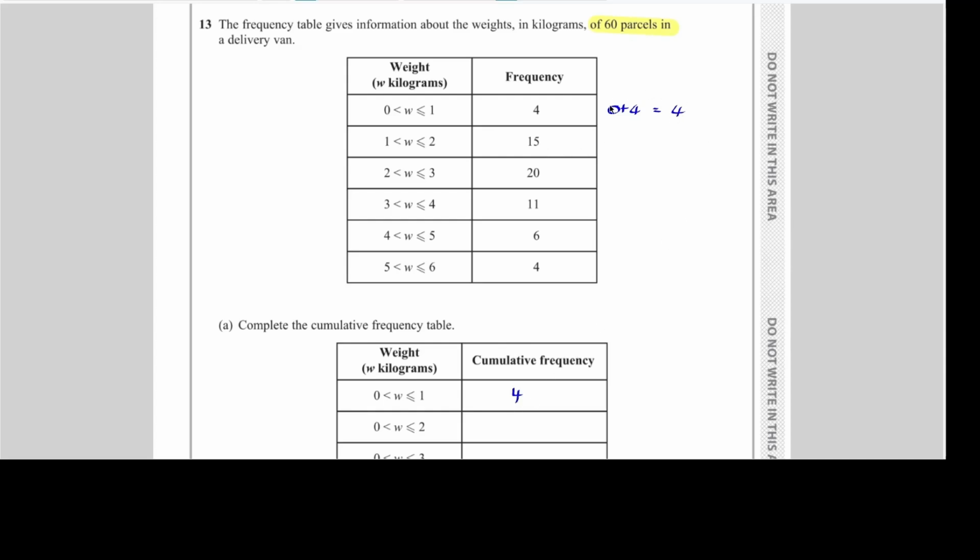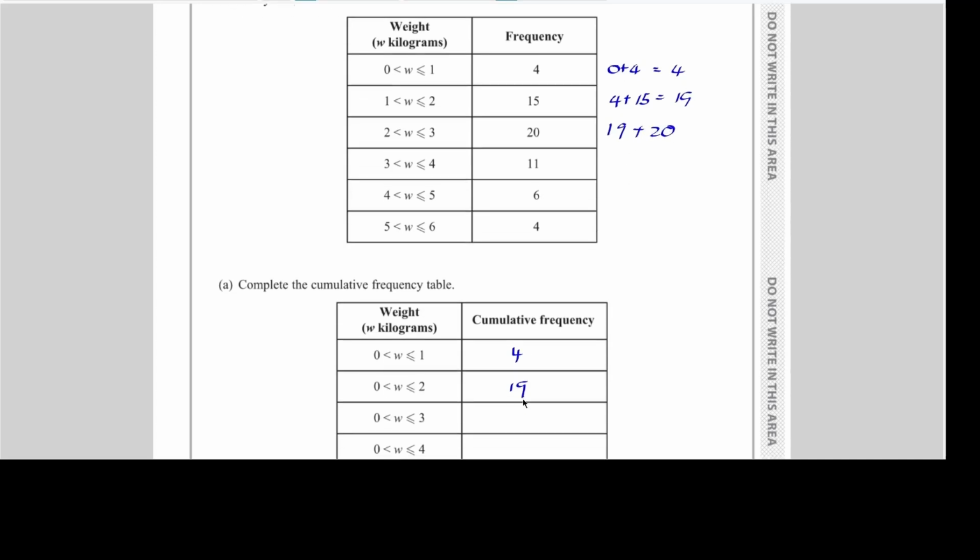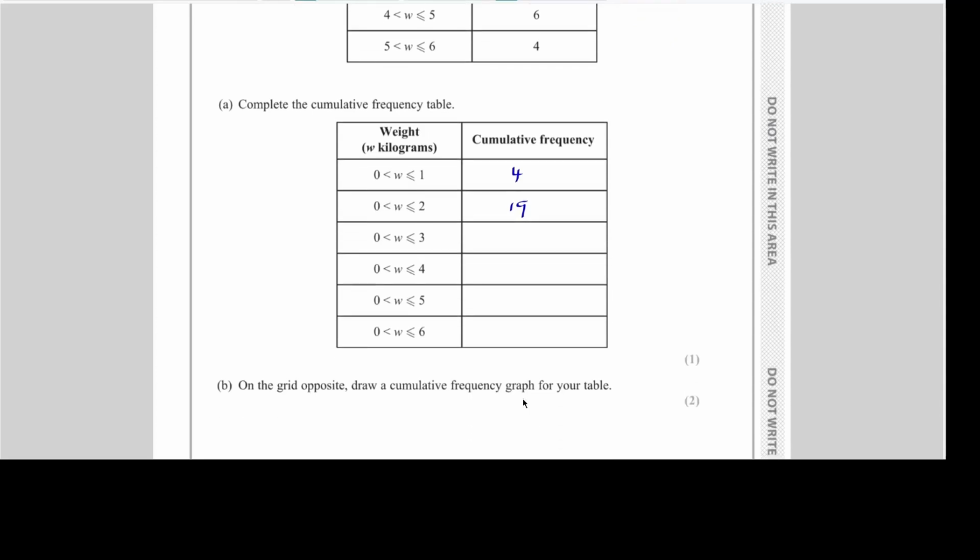Always the previous total is added to the next frequency. So 4 plus 15 gives 19. Previous total is 19, so 19 plus 20 is 39.